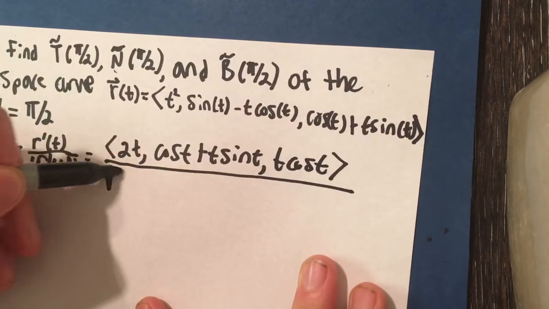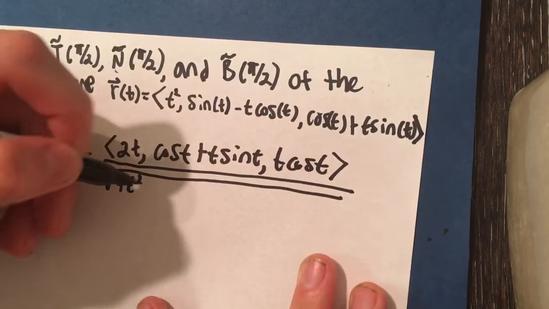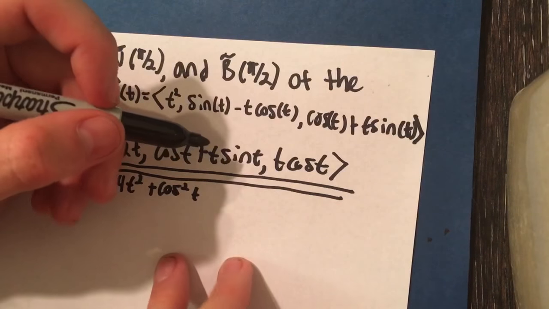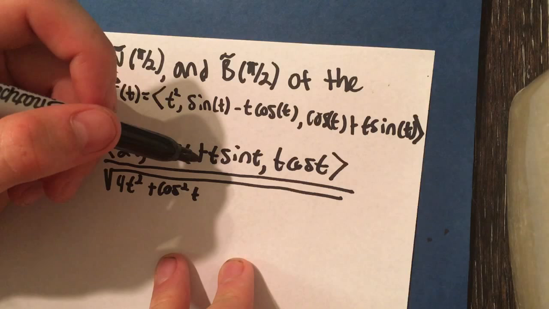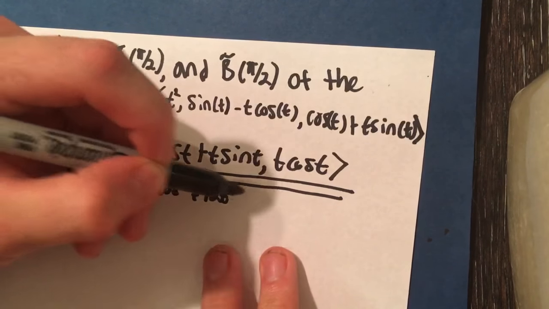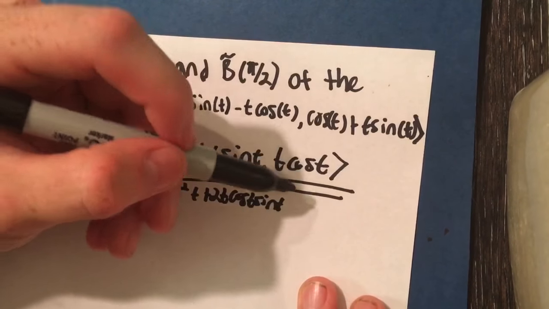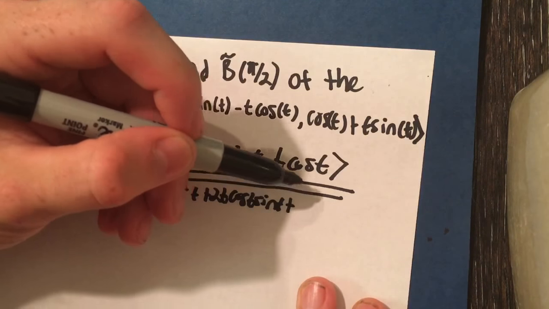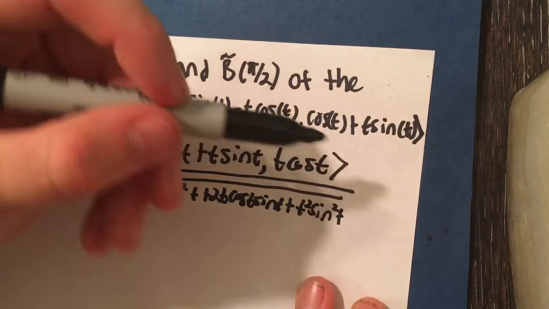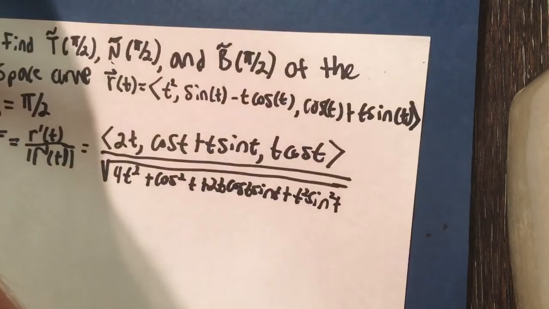The denominator is the magnitude, the square of this, which would equal 4t squared plus cosine squared t plus 2t cosine t sine t plus t squared sine squared t. And if I had more room, I would write out the entire denominator.